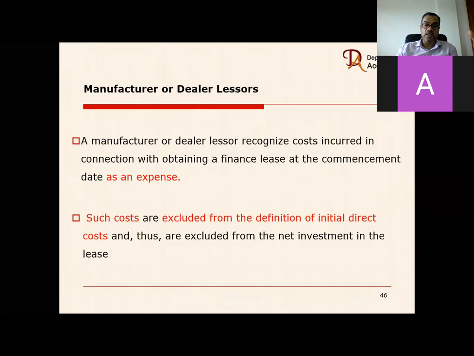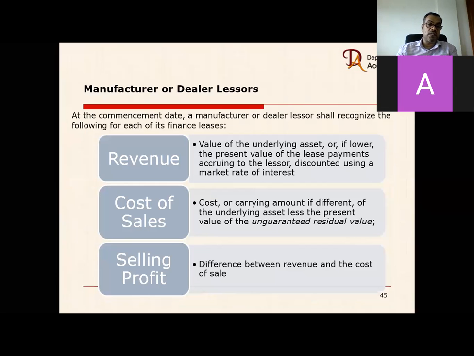You sold it for 362, but your total cost is 300,000. That is cost of sales. Then you have cost of sales and revenue, and the difference is your selling profit that accumulates in the gross profit. It's very simple, no need to worry that much. Just follow the normal rule applicable for recognition of revenue, cost of sales and gross profit. That's it.